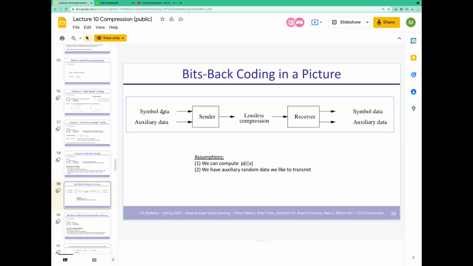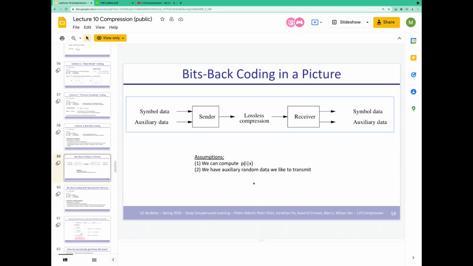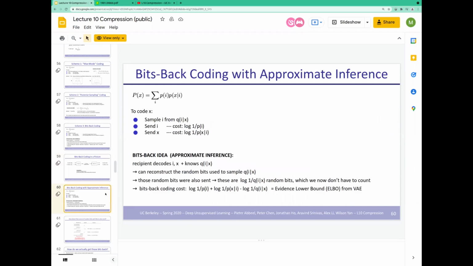So you could transmit some extra data along with your symbol data to the receiver. But as we'll see, I think they do something called chaining.